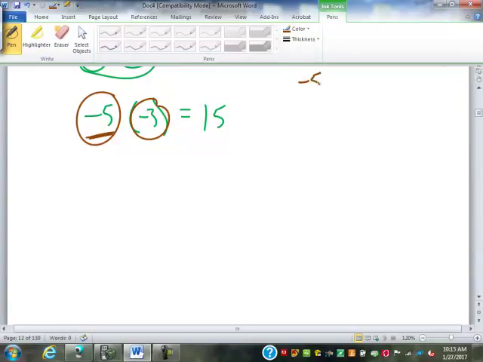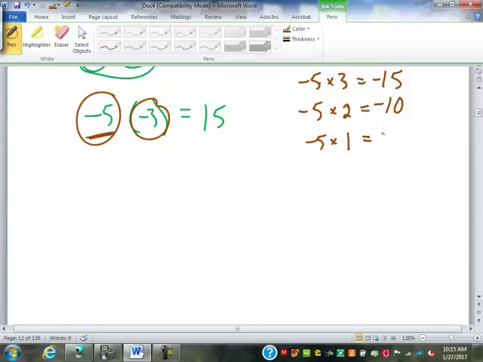For example, we had negative 5 times 3 is negative 15. So let's stick with the negative 5, and we're going to change the 3 to 2. So we're going to reduce that by 1 to get 2. Negative 5 times 2 is negative 10. So we're going to keep the negative 5. Now we reduced it by 1 here. If we reduce it by 1 again, we have 1.